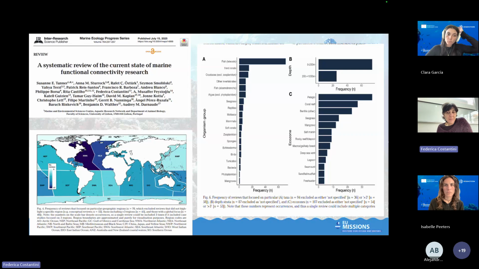In fact, some geographical areas, such as the North Atlantic and in particular the Western Atlantic, or certain habitats like the tropical coral reef and taxa, for example fishes, have received disproportionate attention. In contrast, it's evident that deeper ocean regions, in particular mesophotic ones, and key taxa forming marine animal forests like soft corals and sponges remain significantly understudied.